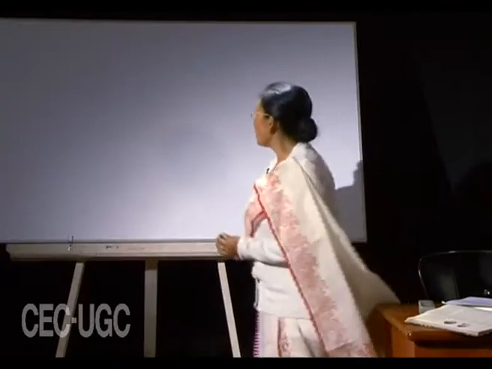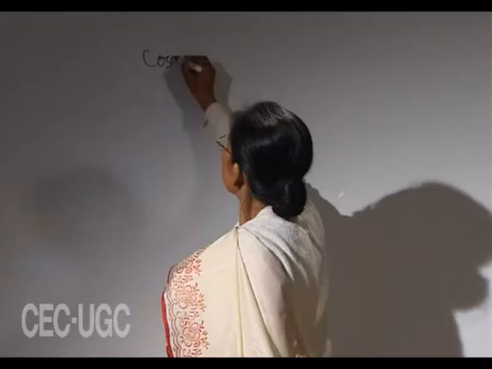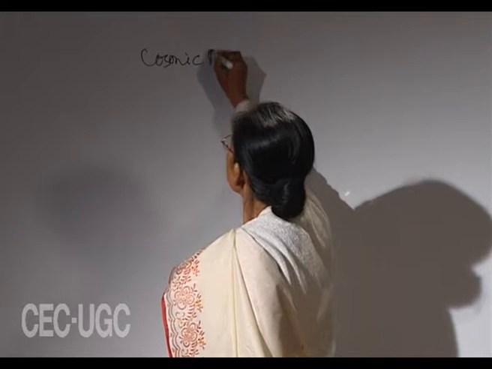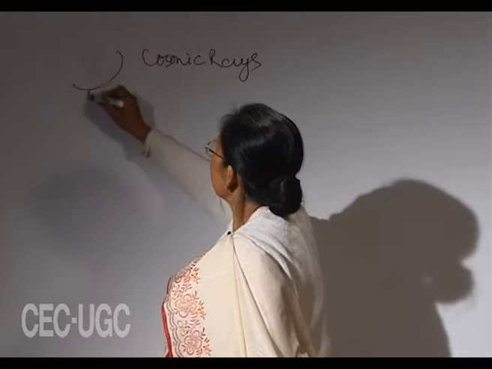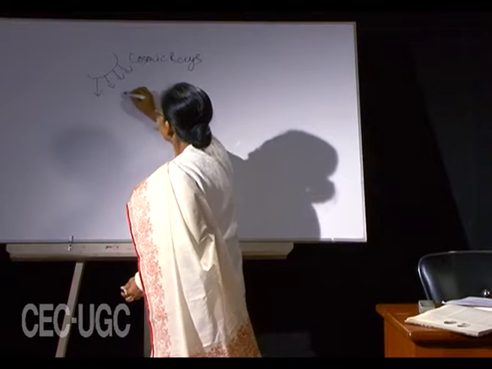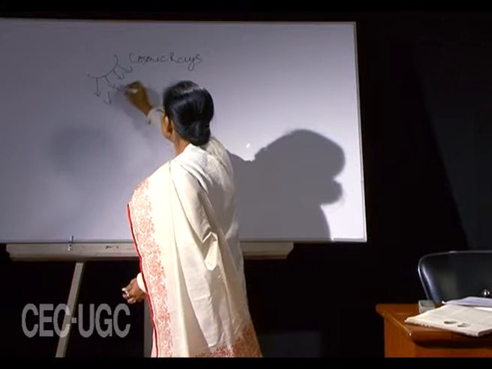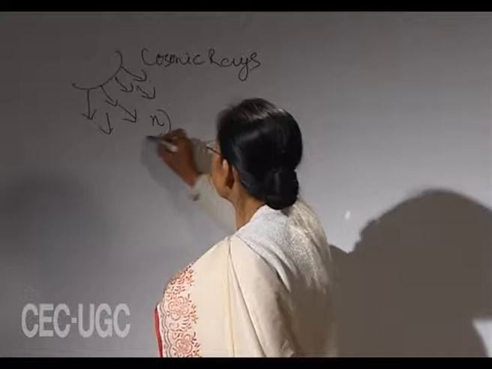The basic principle of the method is that cosmic rays produce neutrons in the atmosphere. Say for example, cosmic rays react in the atmosphere and produce neutrons.